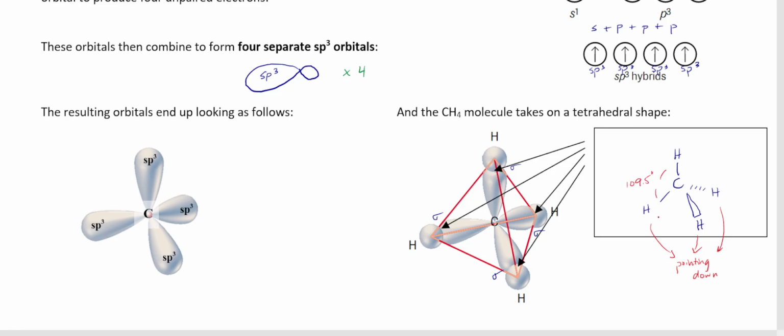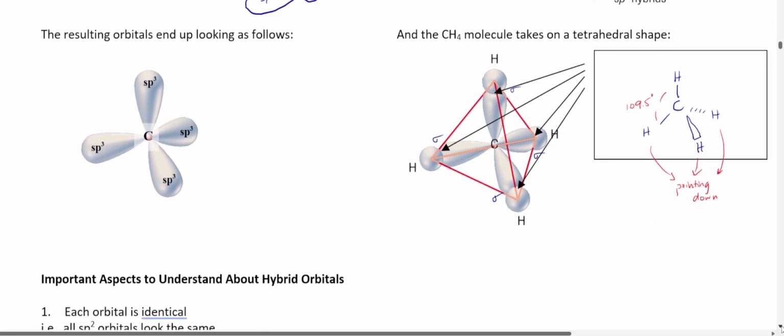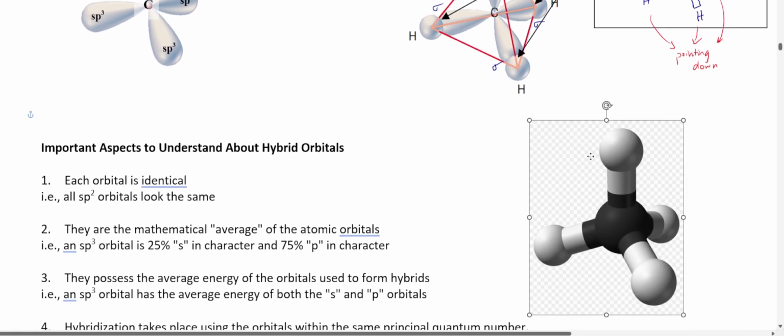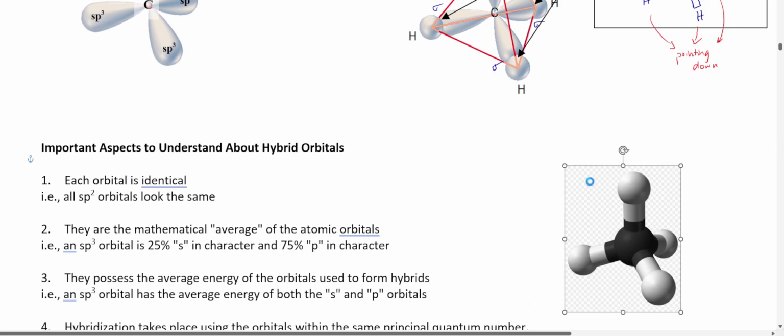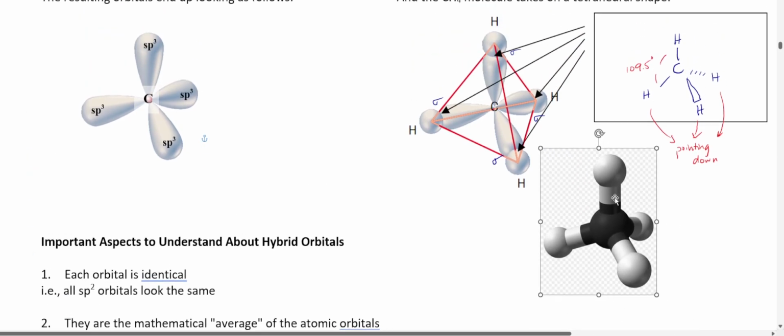That bond angle is the same for each of the hydrogen-carbon-hydrogen bonds. Here we have a stick representation of the molecule. The hydrogen going up and the hydrogen coming to the side are on the same plane. Then you've got the hydrogen coming forward, and the hydrogen in the back.